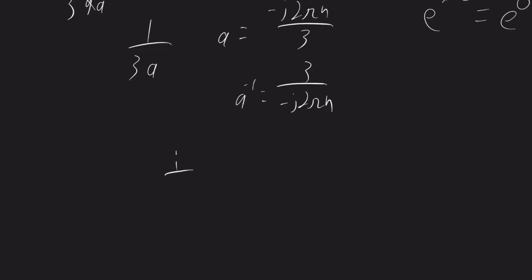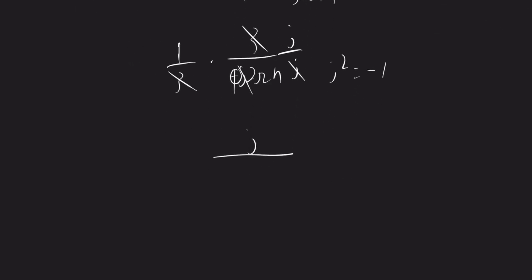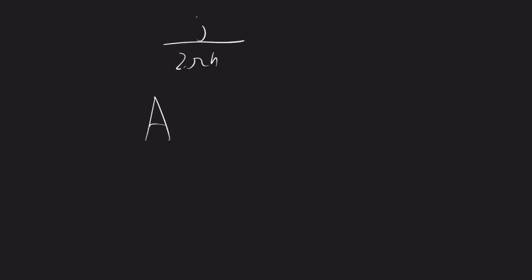So it'll be 1/3 times 3 over negative j times 2 pi n. These 3's will cancel. We can multiply the top and the bottom by j. On the bottom, we'll have j times j, which will be j squared, which is equal to negative 1. So it'll cancel with that negative sign. We'll have j over 2 pi n. So a sub n will be j over 2 pi n.